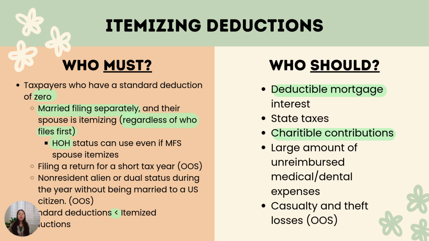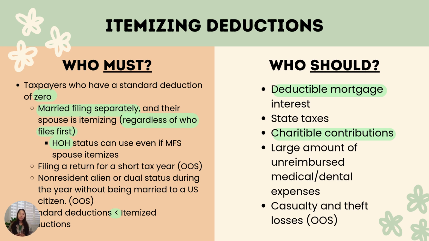All right, so itemizing deductions. Who must itemize? Meaning they cannot file for the standard deduction. Taxpayers who must itemize are those who have a standard deduction of 0. And these are those who filed for married filing separately status, and their spouse is itemizing, regardless of who files first.